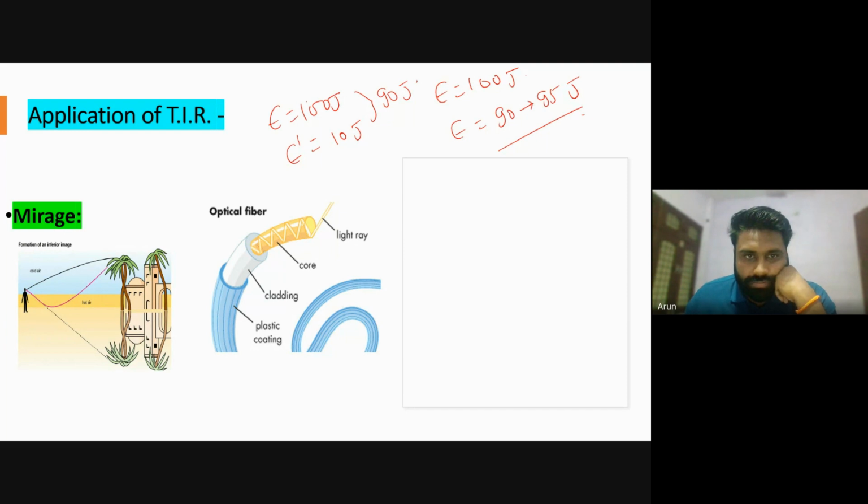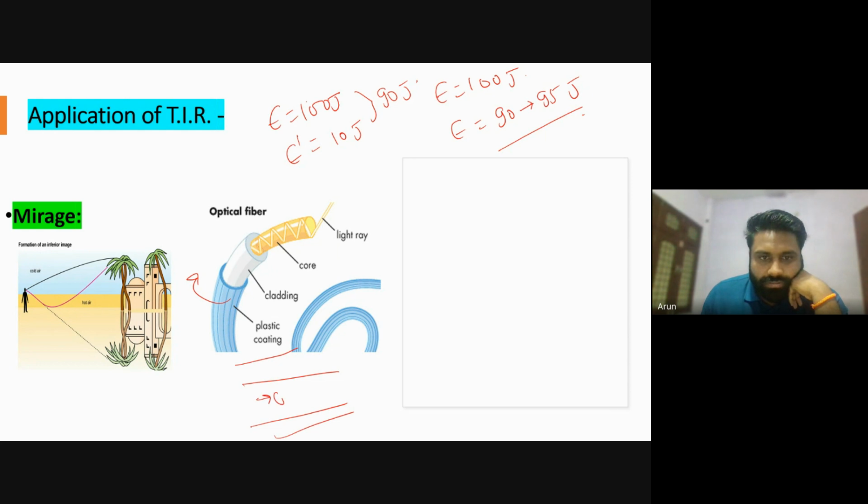So in optical fiber, we have two terms basically. This is the outer layer, the plastic covering for the protection of this optical fiber and its durability. We have two important terms here, core and cladding. Core is denser than cladding. So I can show you like this.